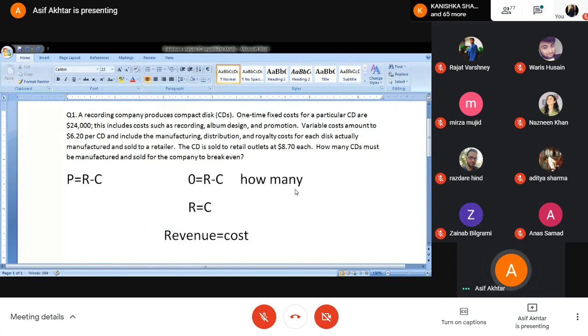Something which is unknown in the question, which we have to calculate, we always try to represent with x. So ultimately, what we have to find out is the quantity of CDs, the number of CDs, which is mathematically represented with x.